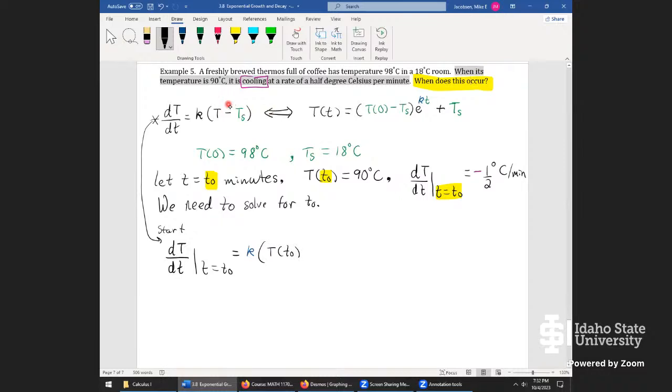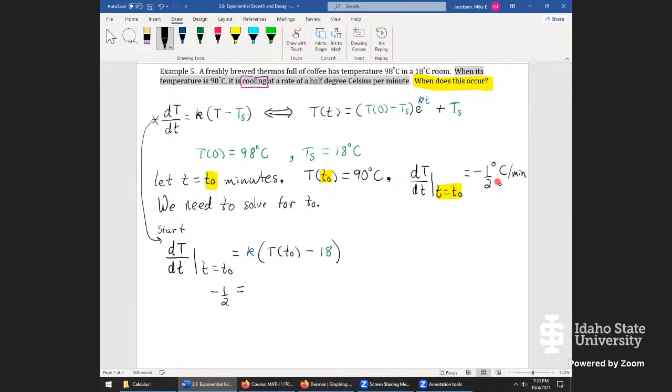Then subtract the surrounding temperature, so it's going to be minus. We do know the surrounding temperature to be 18 degrees Celsius. So they supply this information about the derivative. All I've done is put in T equals T naught inside that derivative. So that's our right-hand side. But the left-hand side is negative 1/2. So we now have an equation, folks.